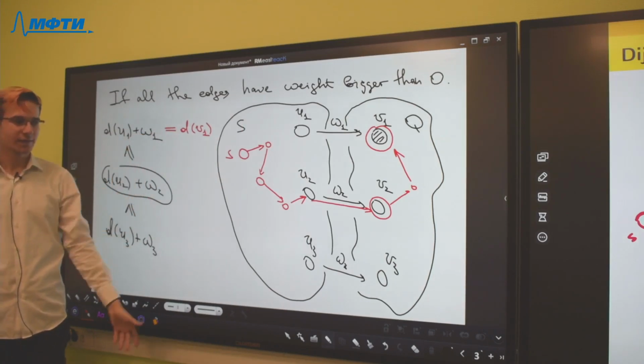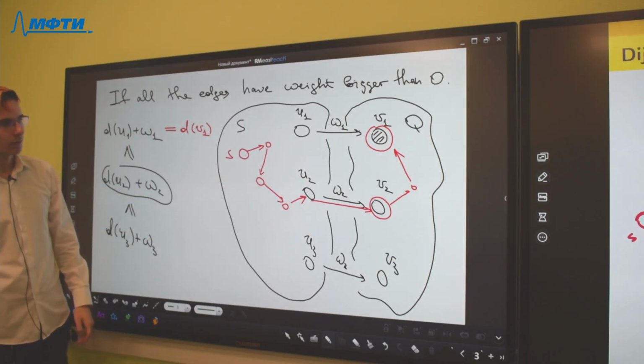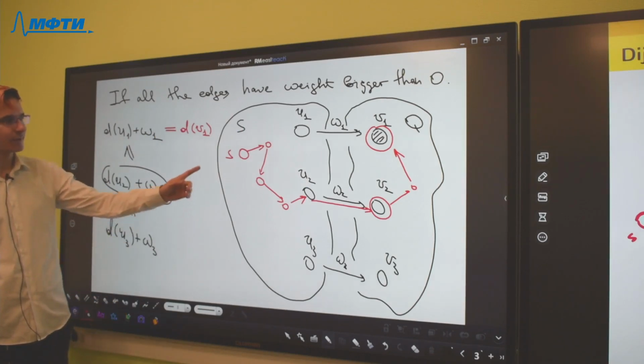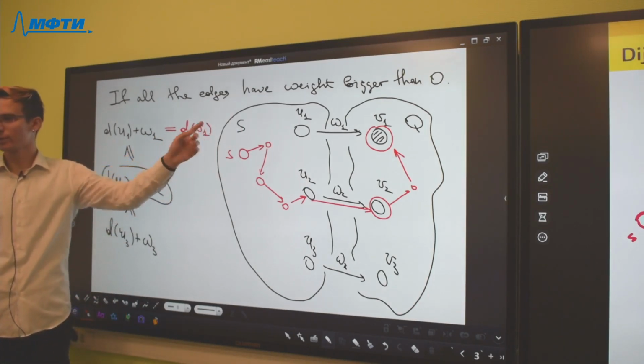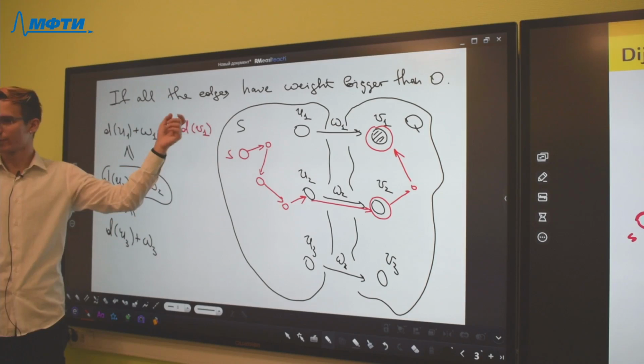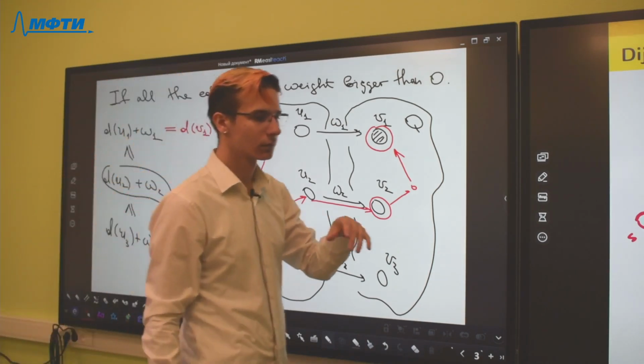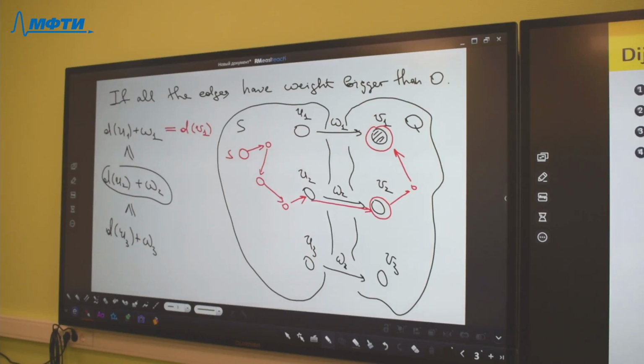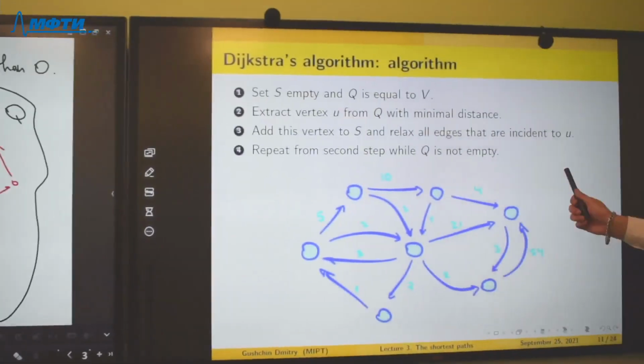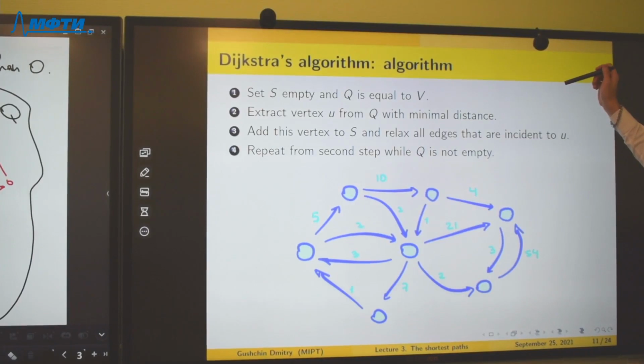And then we say that, okay, it is the shortest path between S and V1. It is the weight of the shortest path. And then we repeat our algorithm. These are the steps of this algorithm.